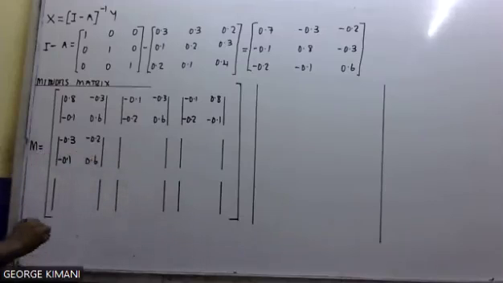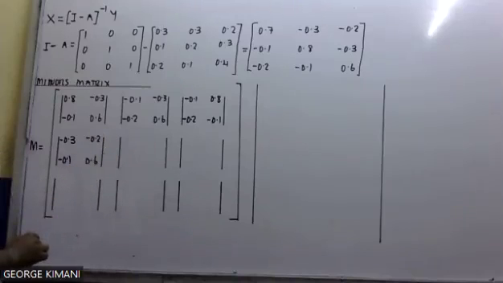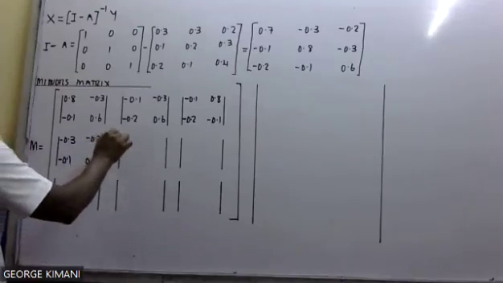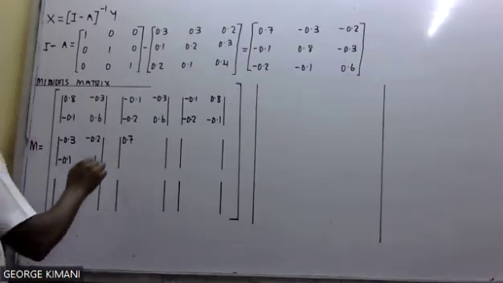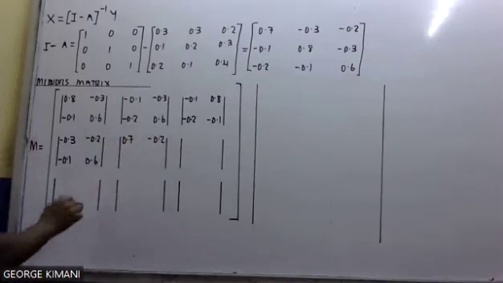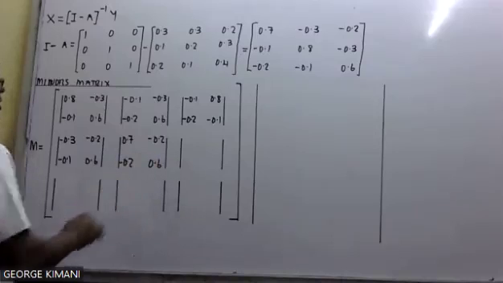The second one is 0.7, negative 0.2, negative 0.6.